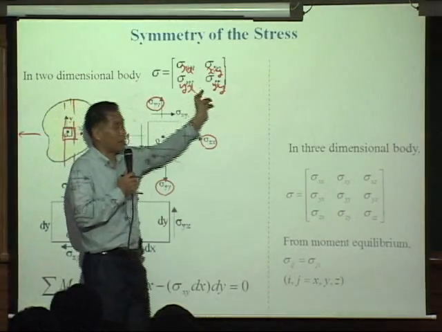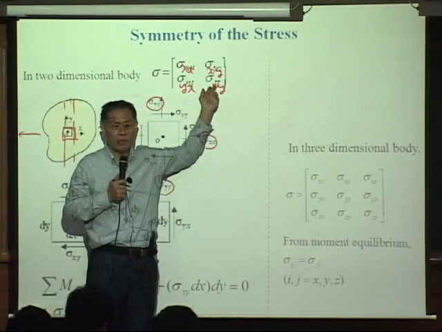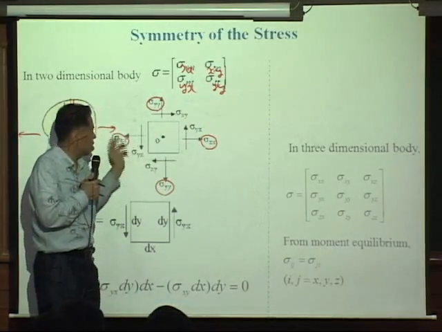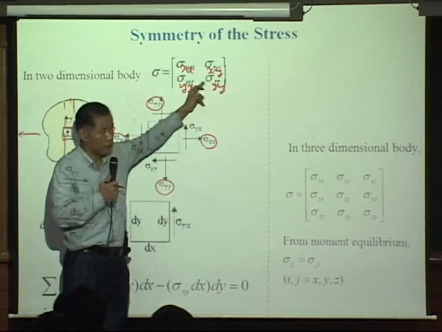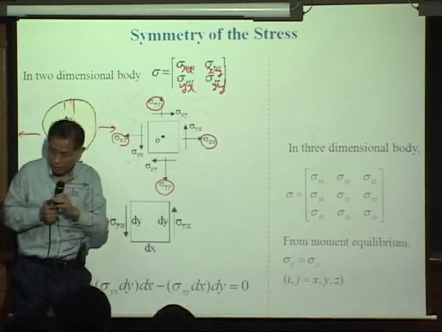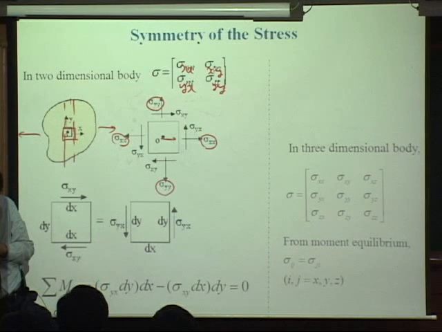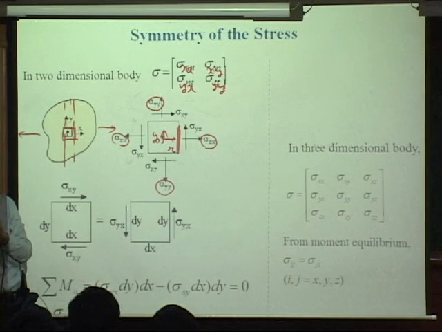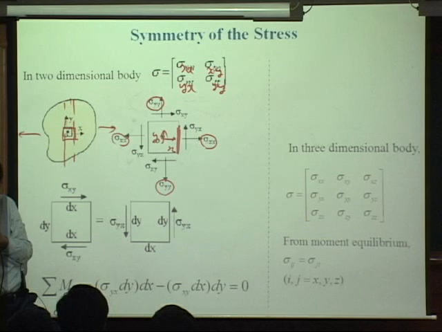Now, these two diagonal terms are called normal stress and are relatively easy to understand. Now the off-diagonal term, shear stress: what is this surface? This is the X surface, right? X directional surface. That's why we call this sigma xx, and this one is called sigma yx, right?